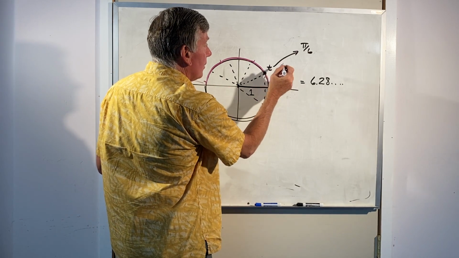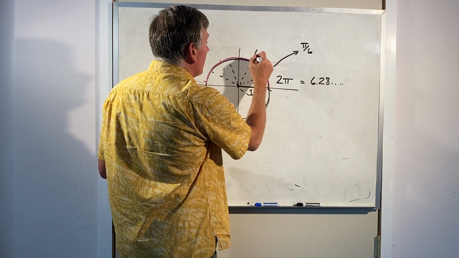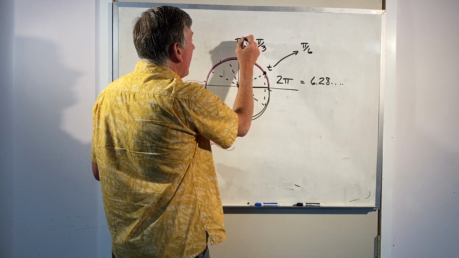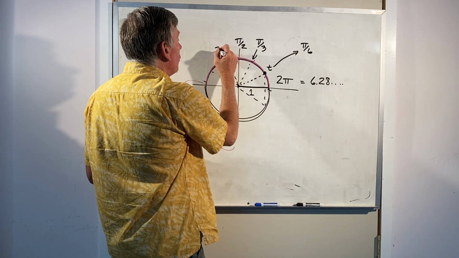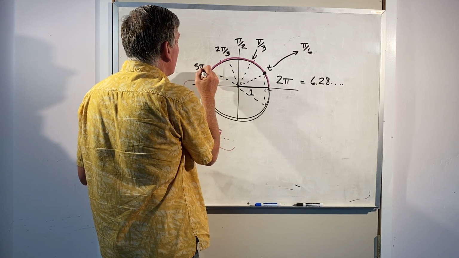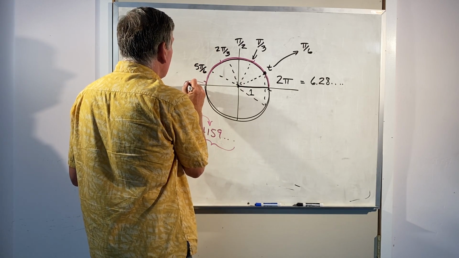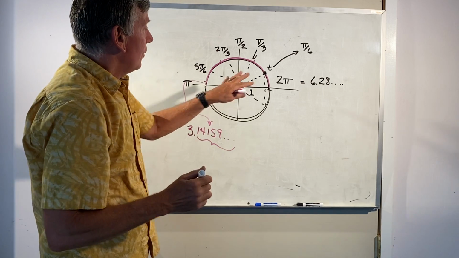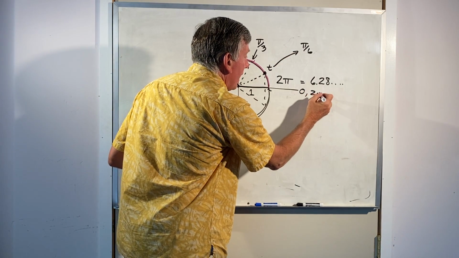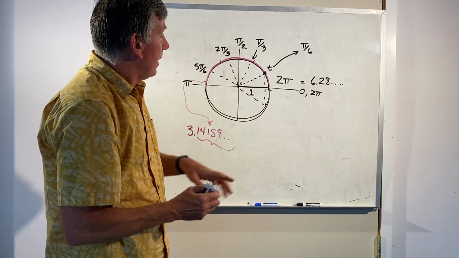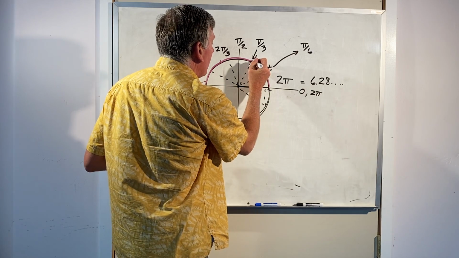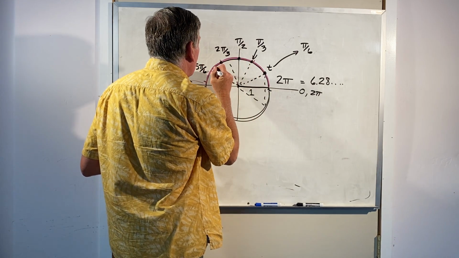This is my first pi sixth. This is pi thirds. This is pi halves. This is 2 pi over 3. This is 5 pi over 6. And right here is pi. These are, by the way, this of course is 0 or 2 pi, whichever you want to call it. These are my various t values that go around the unit circle.